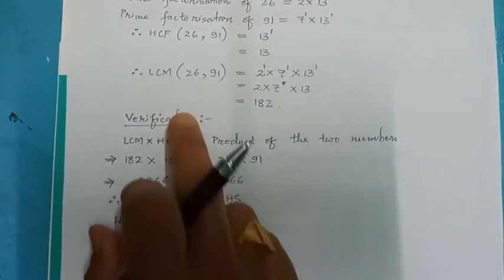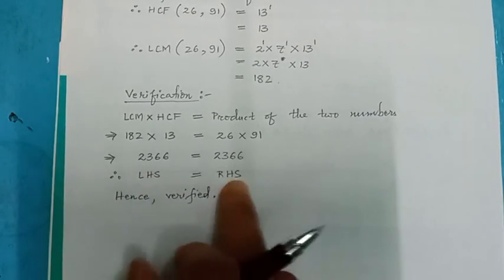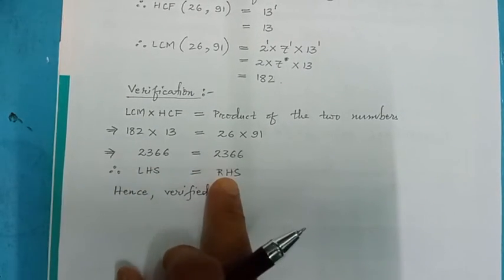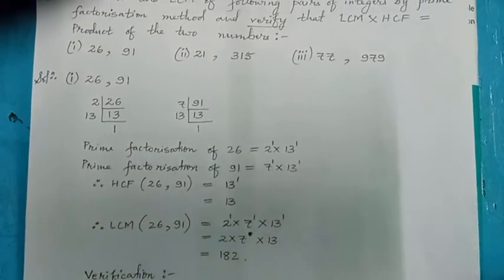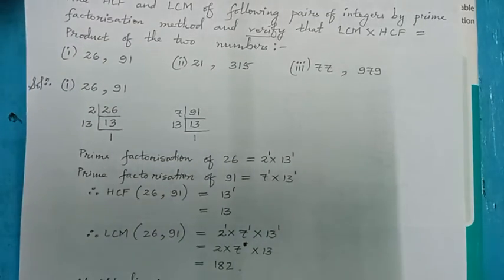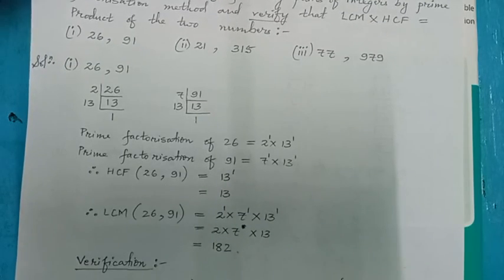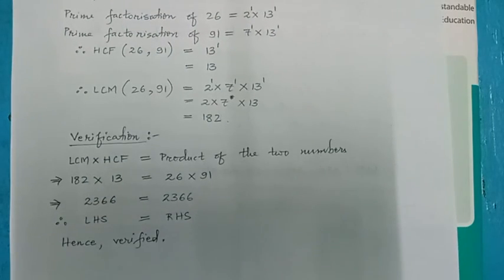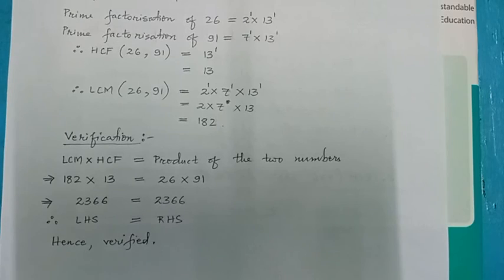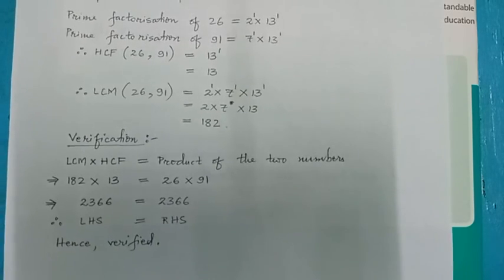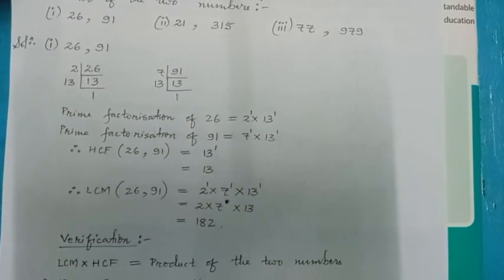In the second part we did verification, which came out to be equal. In the same way you can try other questions from this exercise, from this particular question number 5, the other two. Practice this nicely, copy this nicely, and try to understand and practice other sums. Thank you.